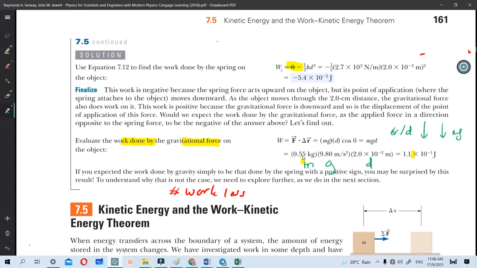They are of the same direction, and observe that it's a positive sign. Okay, positive sign. However, you might be surprised in terms of the number, they are slightly different. So we are going to do a little bit of exploration in the next section.